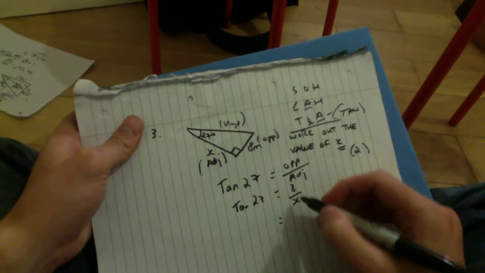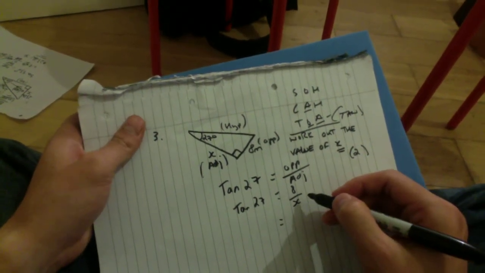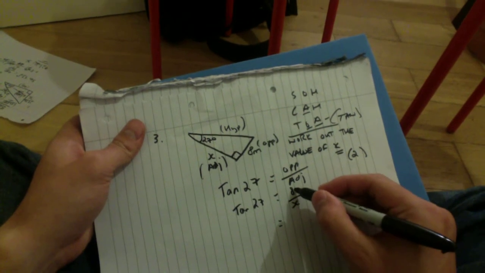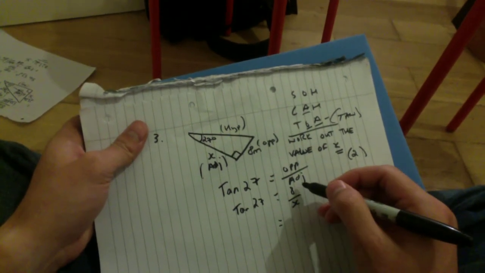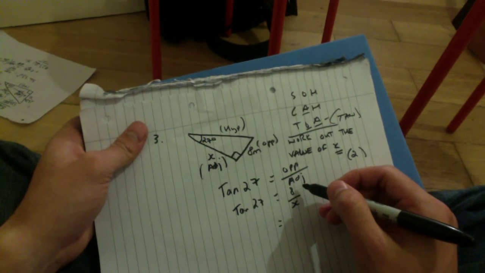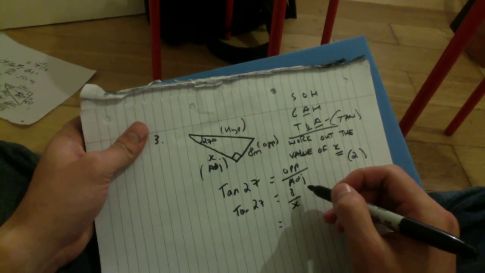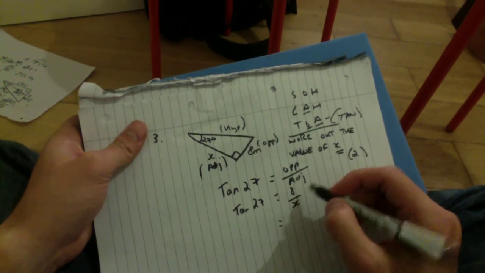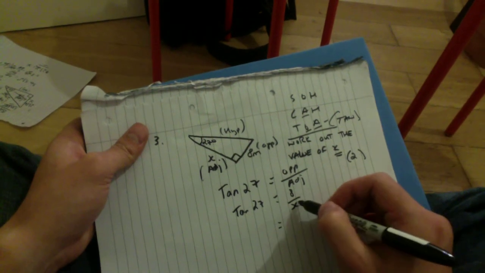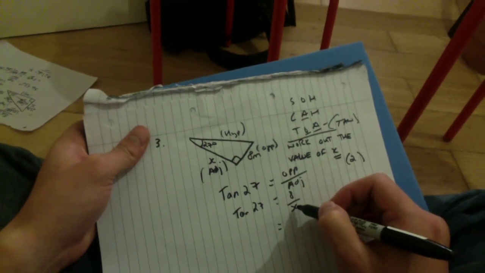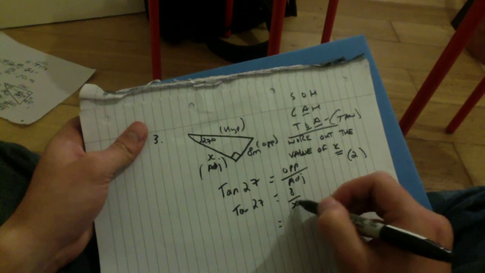Now this one's a little bit different, because the number is on the top of the fraction here. When the number's on the top of the fraction, you don't want to concentrate too much on that one. You want to try and get rid of the x here. Always try and get rid of the one at the bottom.